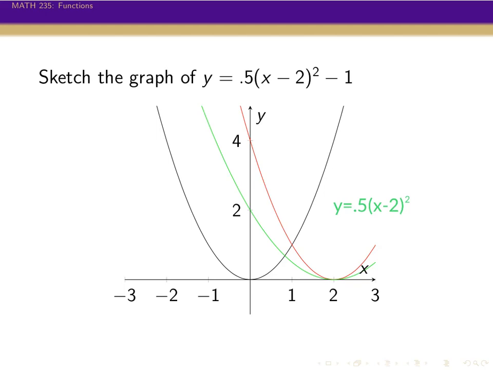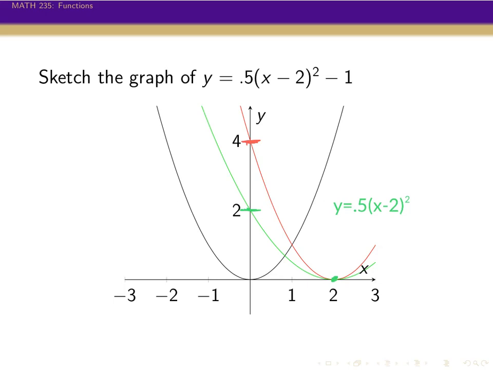From the red graph, everything in the green graph is now half as high as it was before. Whereas the red graph was going through 4 when it crosses the y-axis, now the green graph's y-intercept is half as big. It's 2. When the red graph was 0 at x equals 2, half of 0 is still 0, and so the green graph is also going through 0 there.